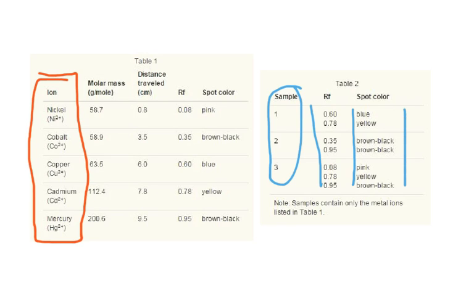So we have the spot colors of these different samples, and we have the spot colors of the known ions. Again, the purpose of that is to be able to say, so sample 2 was most likely made up of these different ions because of the RF values or because of the spot colors. So we're going to be comparing back and forth between the two tables and looking for similarities between them.